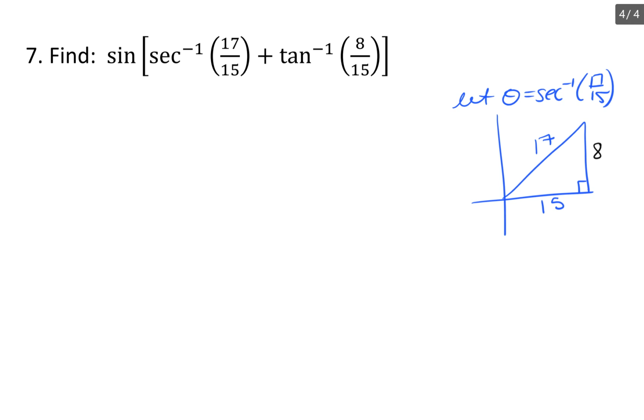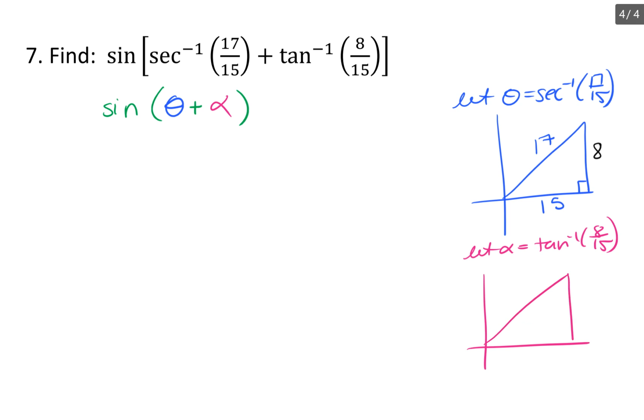And then I'm going to call the second angle alpha. So we're going to let alpha equal the inverse tangent of 8/15. And that's going to be quadrant 1 as well because it's positive. And so I have tangent is opposite over adjacent, 8/15/17 triangle.